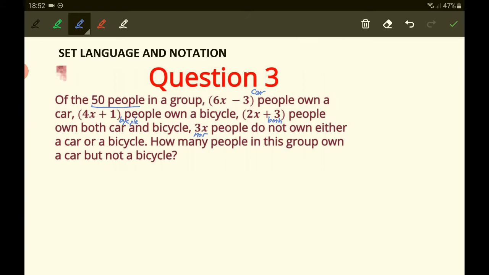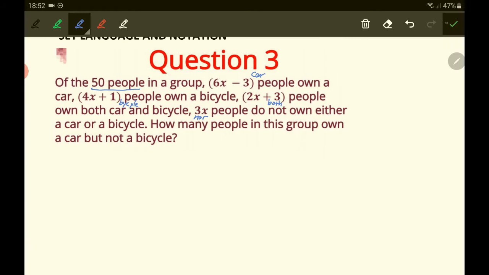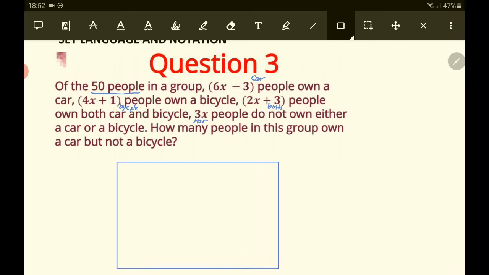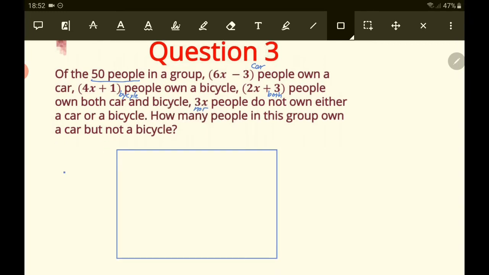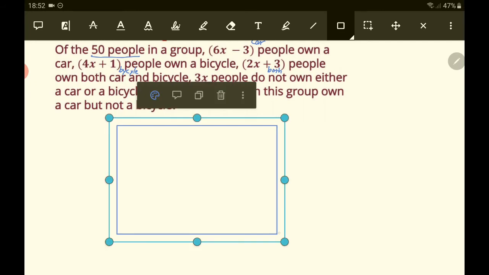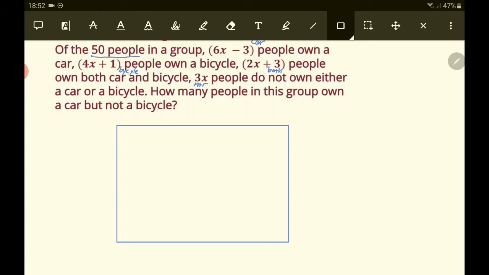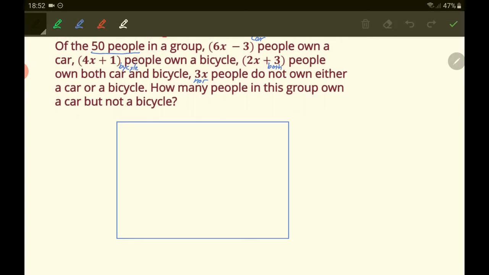So to solve this problem, we need to draw a Venn diagram. Okay, so we can make the square first. Here make the rectangle, not square, get bigger. Okay, and then we make 2 circles intersect each other.